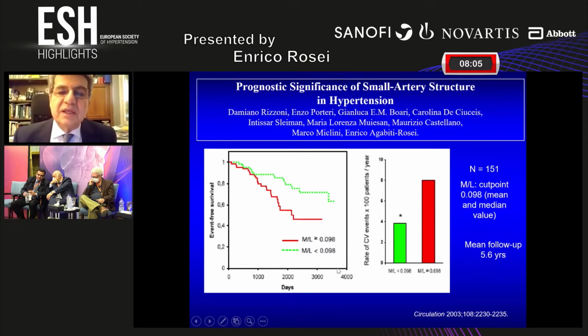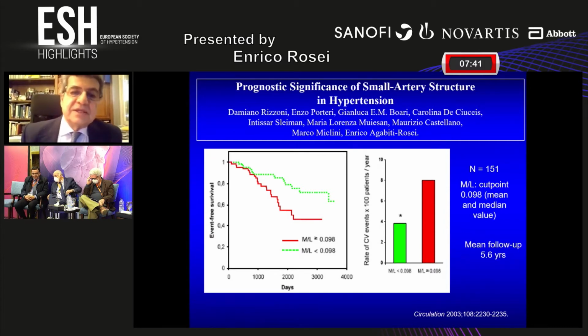Here you can see the rate of cardiovascular events in those with greater wall-to-lumen ratio and in those with a lower media-to-lumen ratio. This was also confirmed and demonstrated by other studies, by ourselves and in other laboratories, also in patients at lower risk. And the greater risk seems to be associated with so-called hypertrophic remodeling, when there is real growth and hypertrophy.